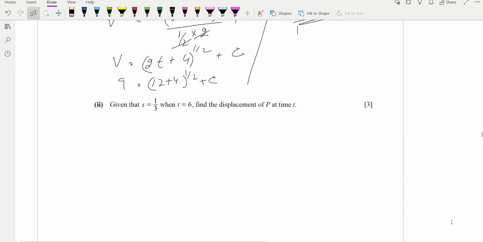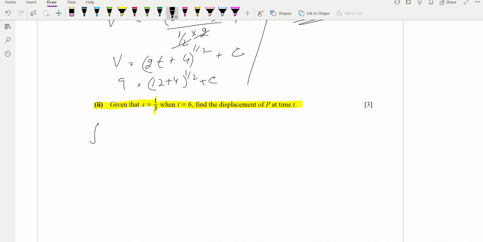Now the second part: given that s is equal to 1 by 3 when t is equal to 6, find the displacement of P at time t. So basically, the integral of velocity will be the distance.